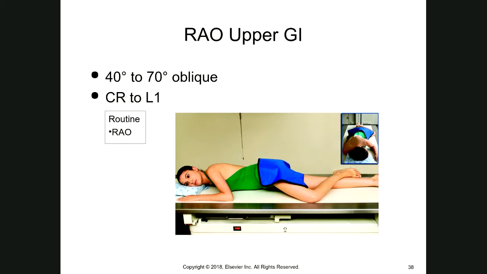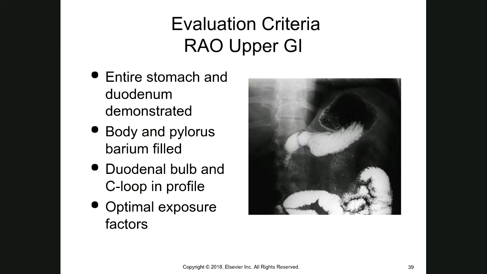Now, since the patient is on their stomach, in this particular view, the fundus should be full of air and the body and the pylorus should be full of barium. For this particular view, the duodenal bulb is in profile, which is important when you're evaluating or critiquing your image. So you need the entire stomach and the duodenum.